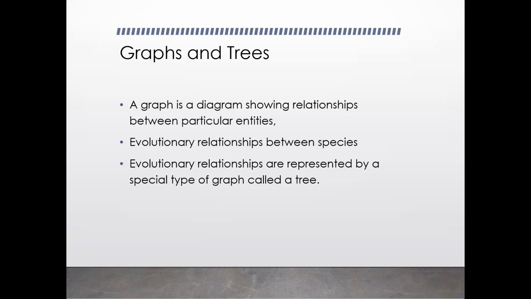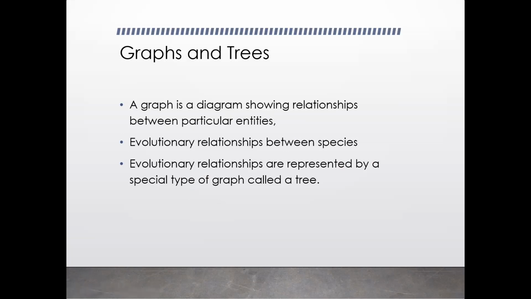A few more terms to understand: what are graphs and what are trees. Graph is not a new word for you. A graph is a diagram that shows the relationships between particular entities. That could be, for example, evolutionary relationships between species. Especially these evolutionary relationships among species are represented by a special type of graph called a tree.